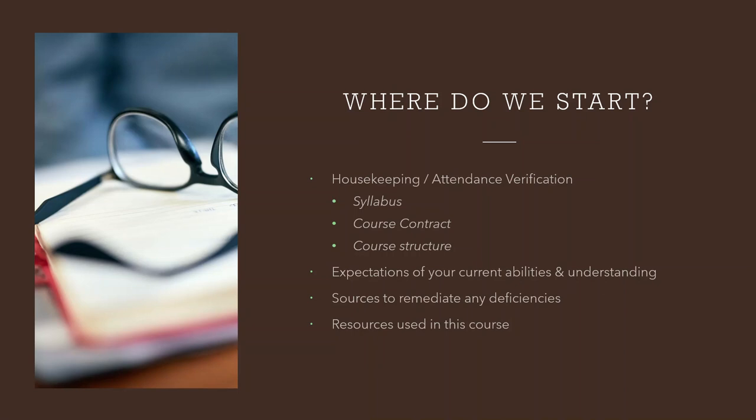By completing the course contract, you should have met your attendance verification requirements, and just make sure that everything you need to have done up to this point you have done, and that you have a good understanding of how the course is laid out, how to navigate Canvas. If you don't, reach out to your faculty and get whatever needed clarity may exist.